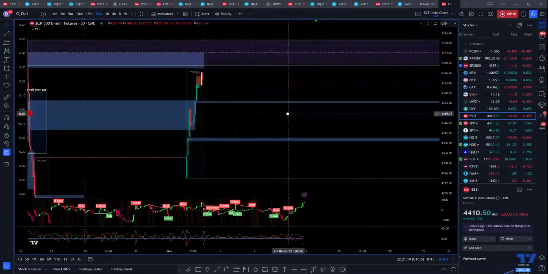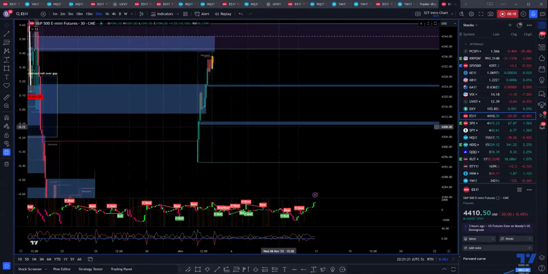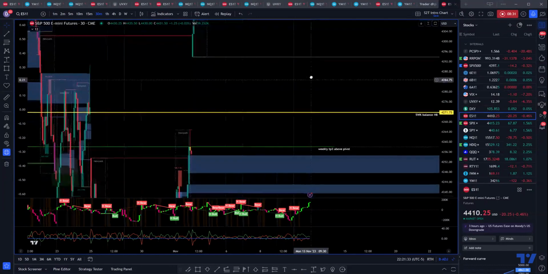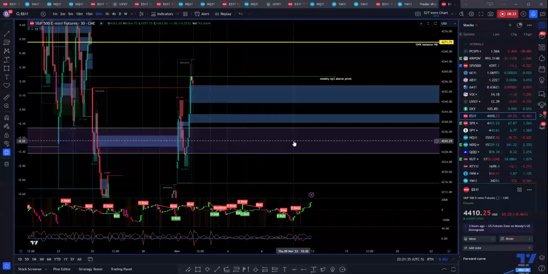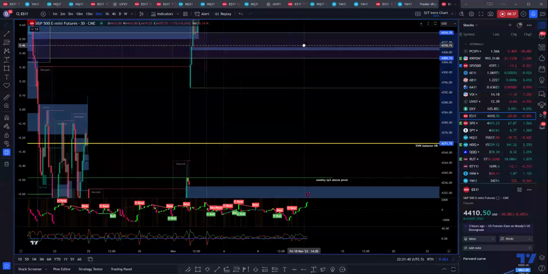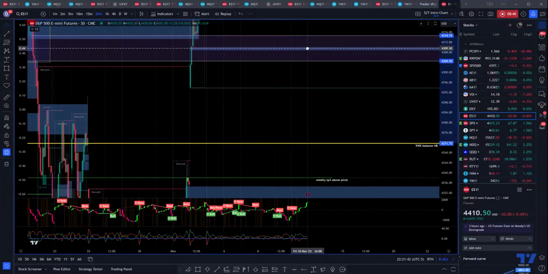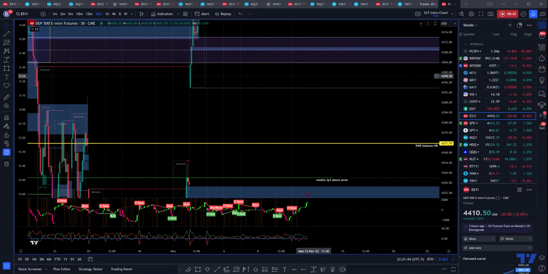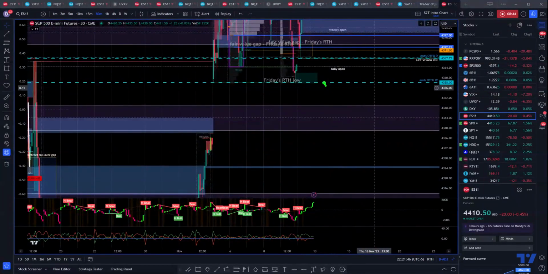And target number 3, I would think that if we were to go low here, we will likely see this 4305 area, 4310. So I'm going to move my T3 over here. We got a little bit of a fair value gap here, so I'm going to place that towards the bottom. And this will be at 3 targets here.